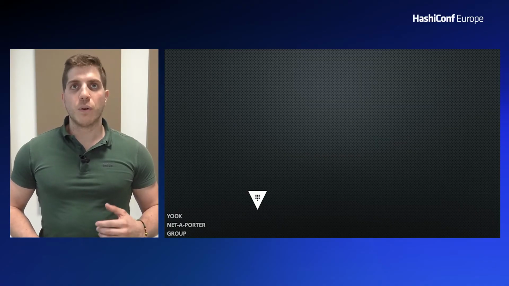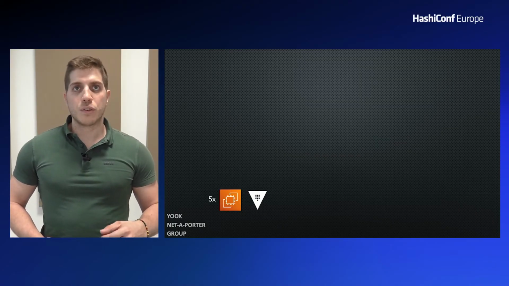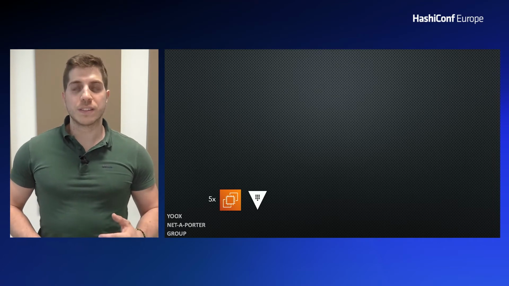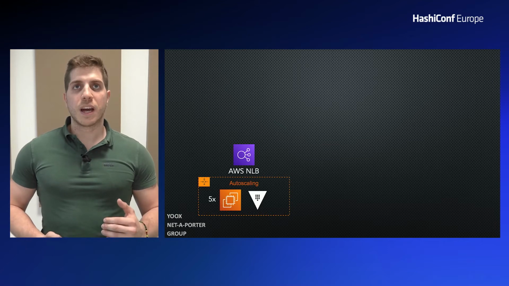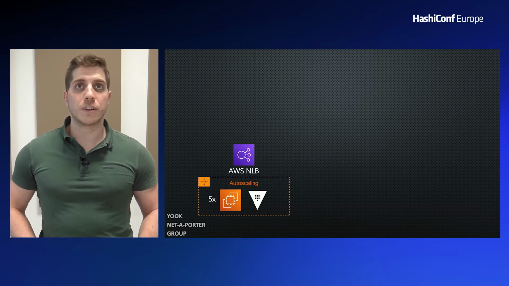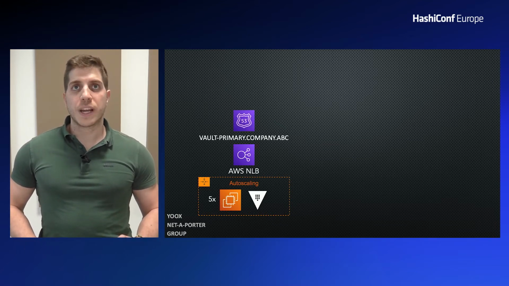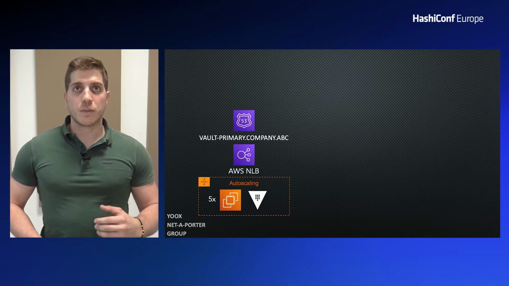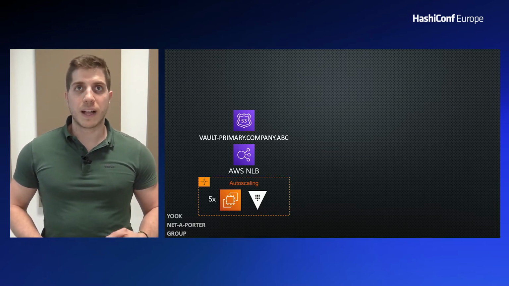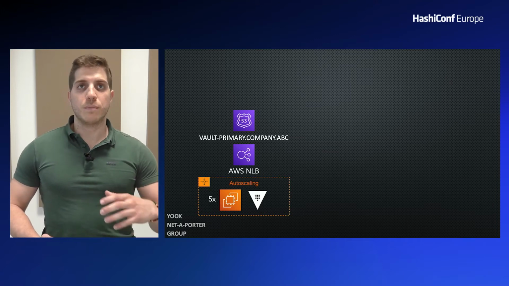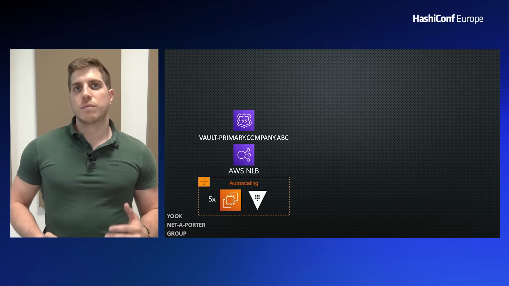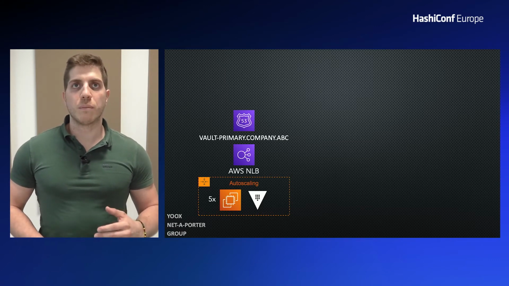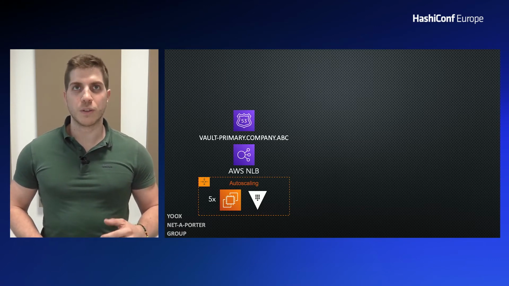So let's see. We start here with a Vault cluster, which is five EC2 instances behind an auto-scaling group, and everything is behind a network load balancer. Now, it makes sense to create a Route 53 endpoint for this network load balancer, in case it is destroyed, which we call, for example, vault-primary.company.abc.